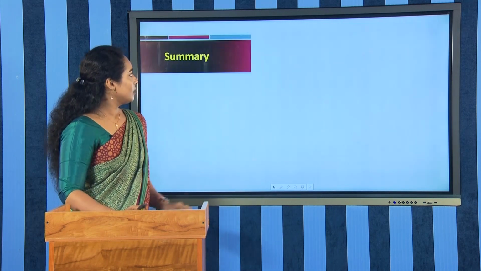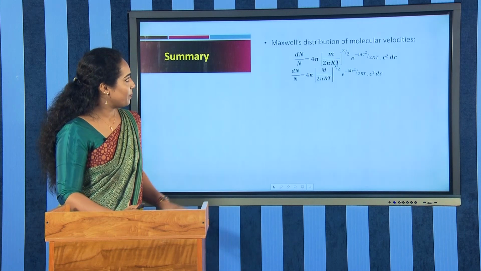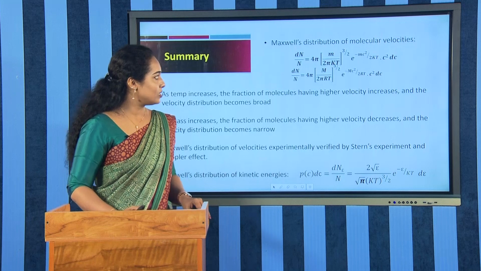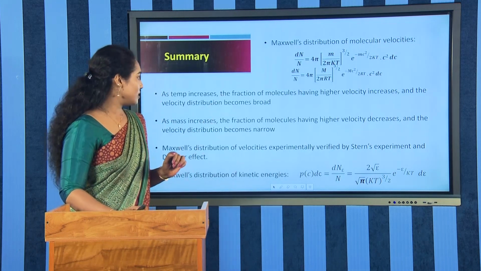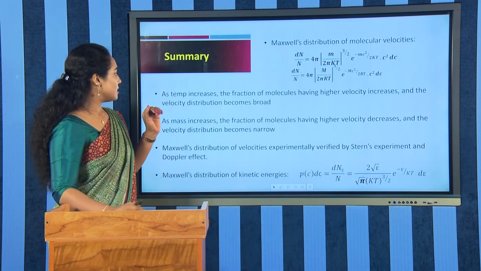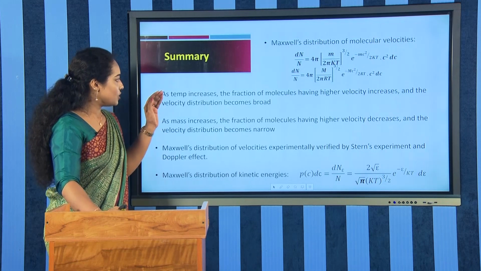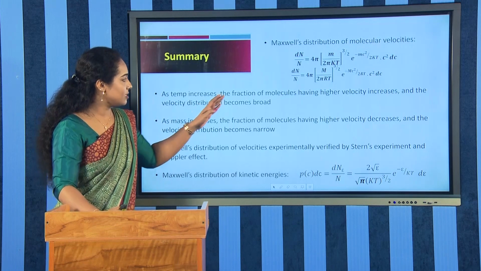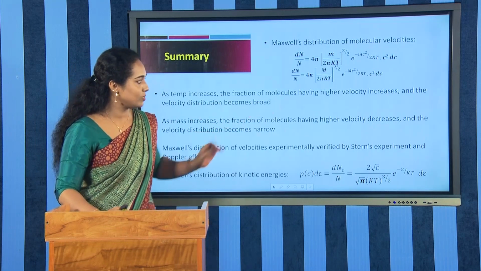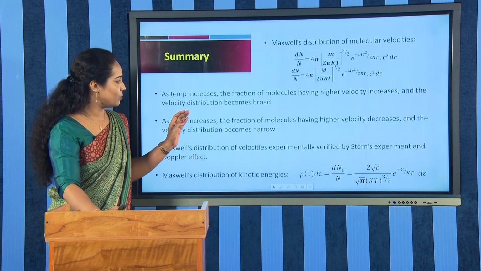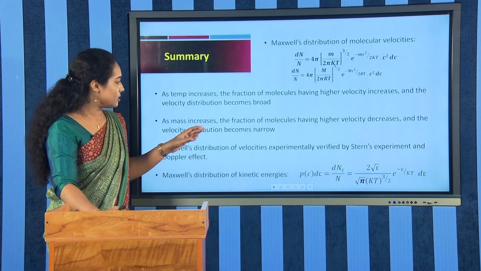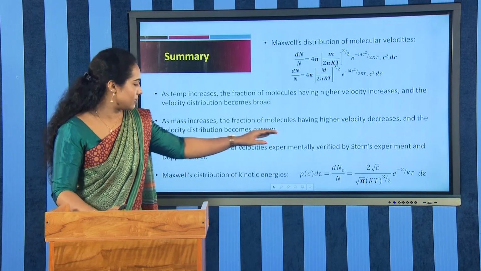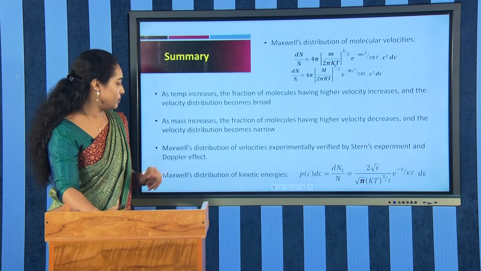So, summarizing this class, we first understood Maxwell's distribution of molecular velocities, went through its mathematical representation, and its dependence on temperature and mass. We have also seen that as temperature increases, the fraction of molecules having higher velocity increases and the velocity distribution becomes broad, while as mass increases, the reverse happens: the fraction of molecules having higher velocity decreases and the distribution becomes narrow.